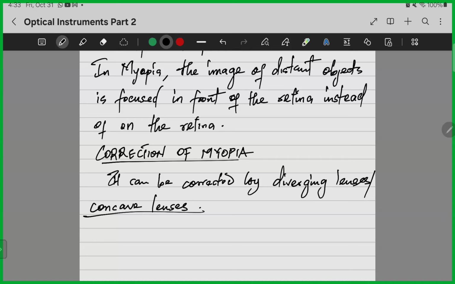Or concave lenses. Now, I want to quickly take a pause. You catch a breath. I want to see if I can give you a sketch of what happens in the case of myopia. When we use a divergent lens rather.